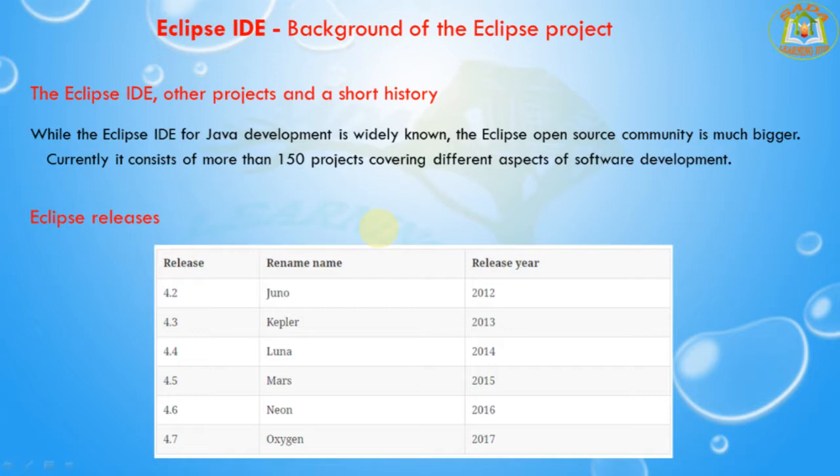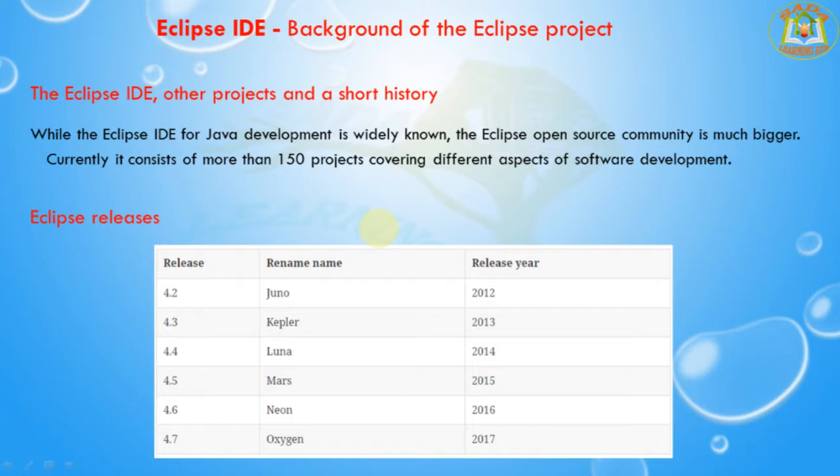In 2004, it became the Eclipse Foundation, which is a vendor neutral foundation where no single company has control of the direction. The Eclipse name at this time was viewed by many as a declaration against Sun Microsystems, the company responsible for developing the Java programming language.